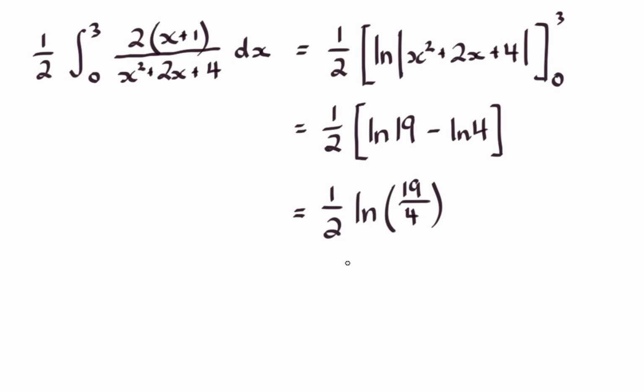We could mess around with it a little bit by maybe applying another log law and taking this half out the front and putting it as a power, but that is subjective as to whether it makes it simpler or not. So we're just going to leave our answer as it is. Looks pretty good. It's in exact form, and that finishes off our second example. Great work.